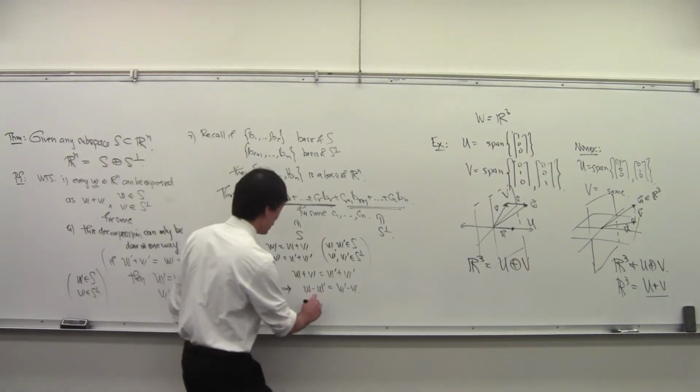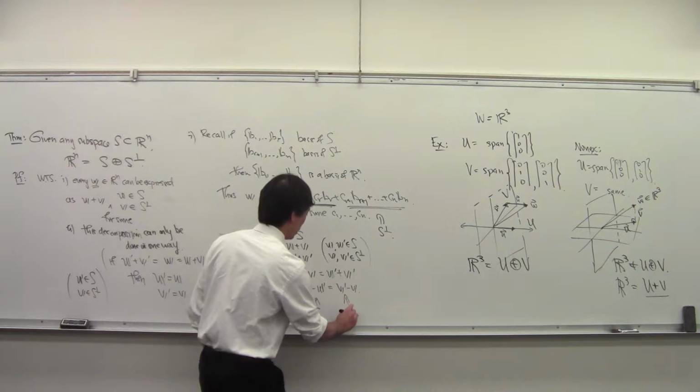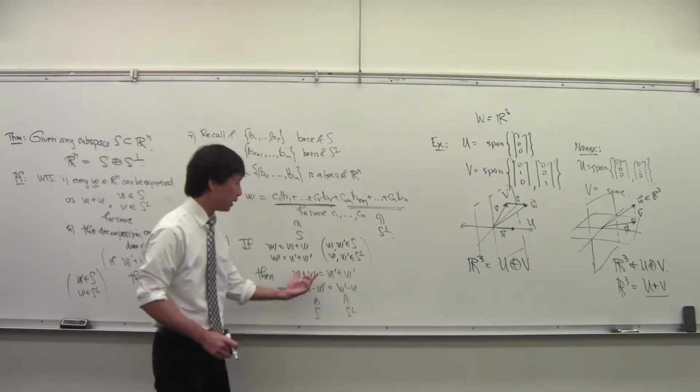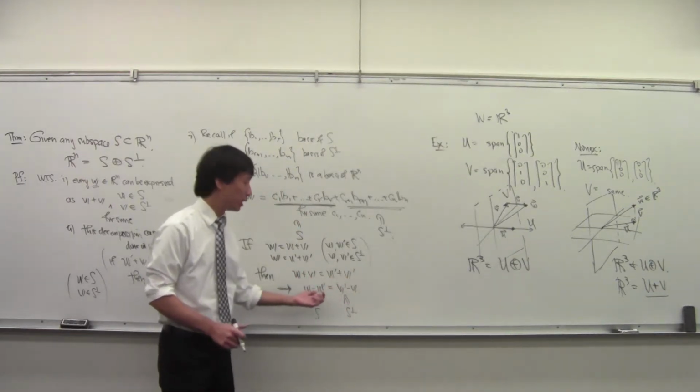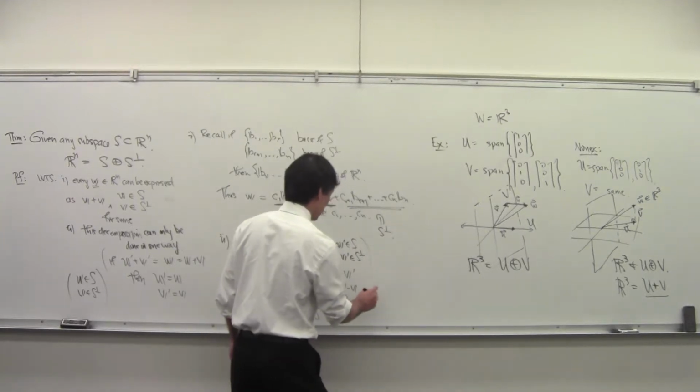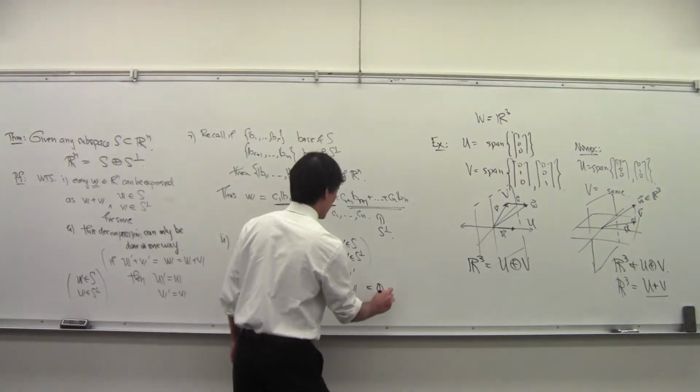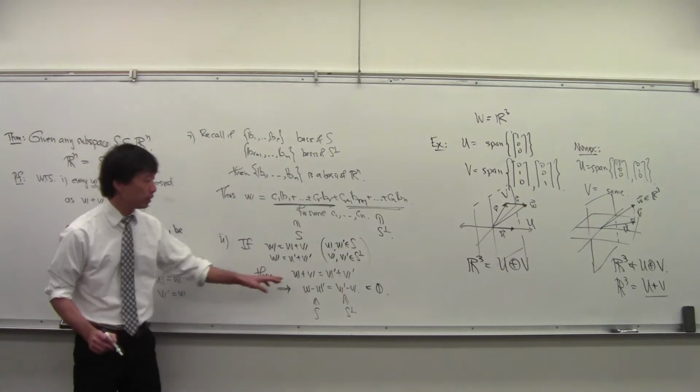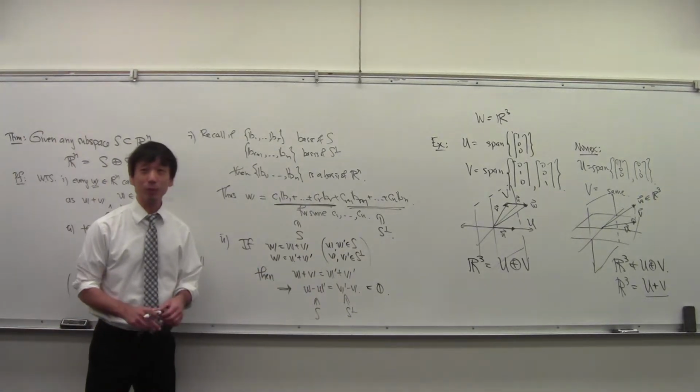Exactly. So this is in S. This is in S perp. You have something that is in S and S perp simultaneously, and so it must be 0. So it must be the zero vector, and thus U must be U prime and V must be V prime.